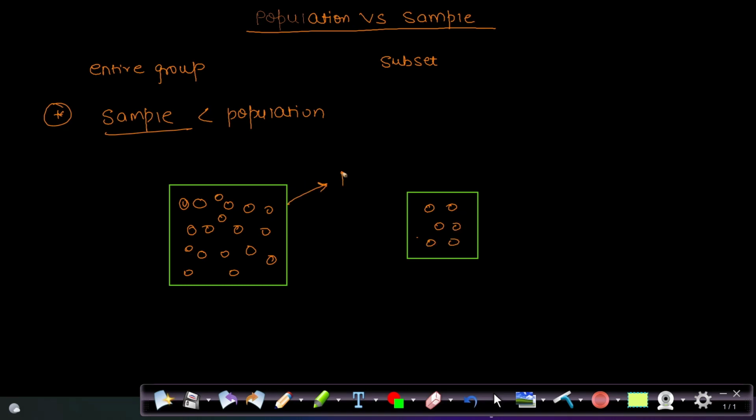This is the whole population, and this is nothing but your sample. Let's understand this more with an example.